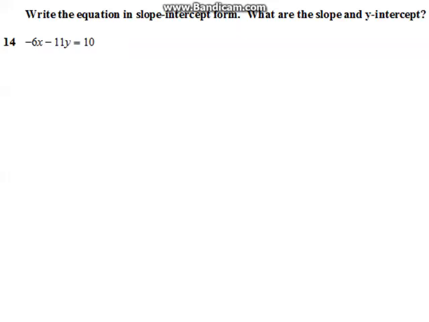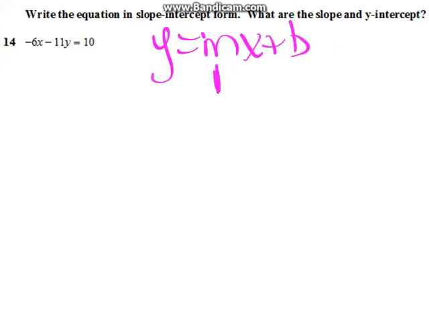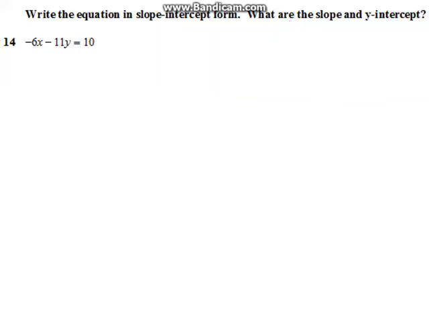The next problem we're going to look at is write the equation in slope-intercept form. What are the slope and the y-intercept? Well, slope-intercept form goes y equals mx plus b, where m is our slope and b is our y-intercept. So we want to work this equation with that formula.